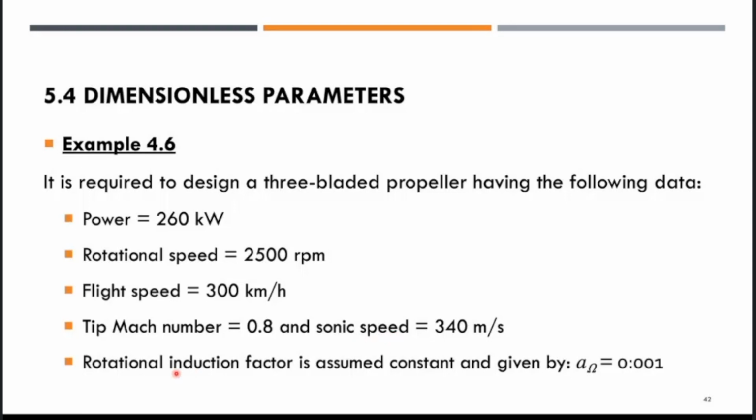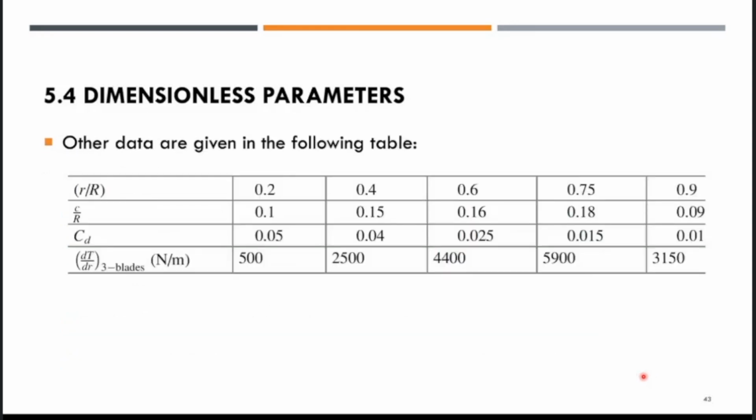So the rotational induction factor, A omega, is assumed to be constant and given as 0.001. This is 0.001. Sorry for the mistake there.